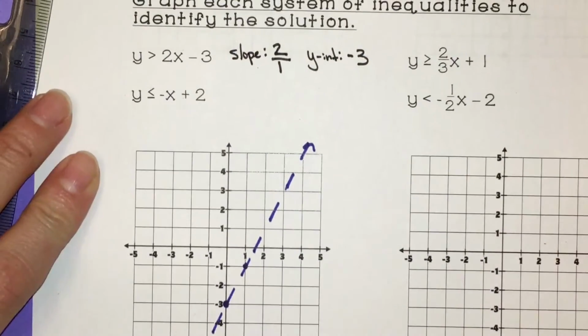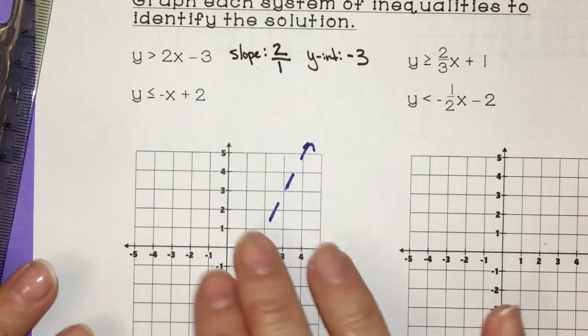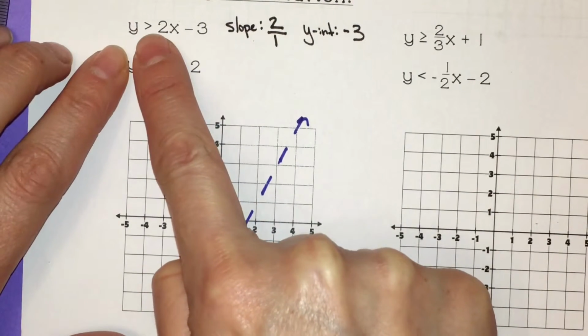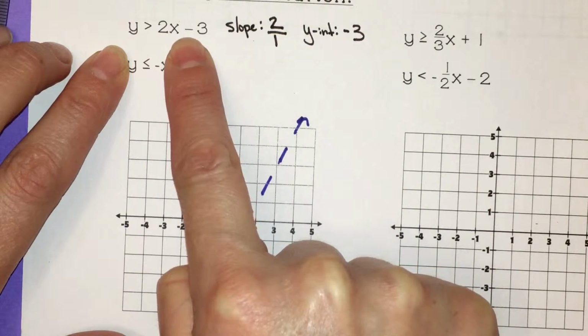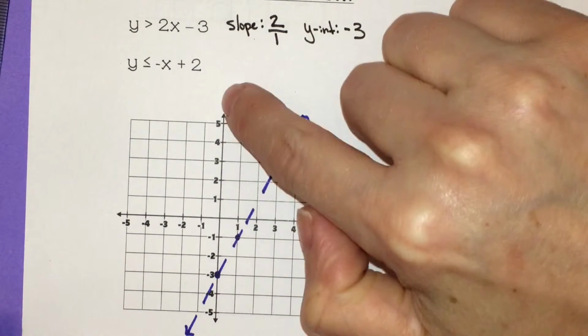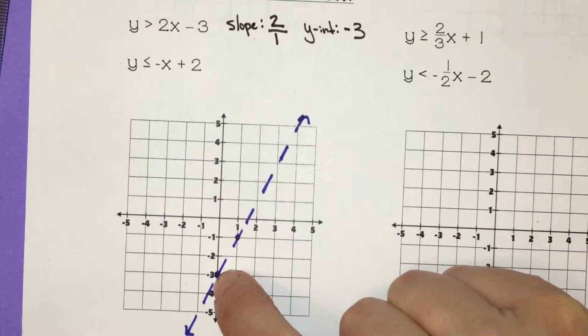Okay, so this is kind of a little more confusing. We're going to figure out which side of this line to shade. So it says y is greater than our line, meaning I'm going to look at the y-axis. The y-axis is right here. So my line crosses through the y-axis at -3.